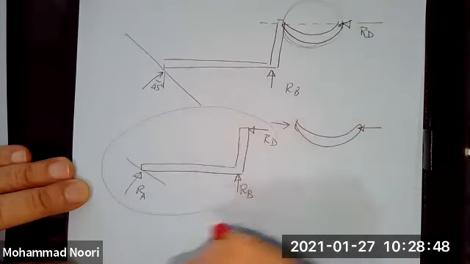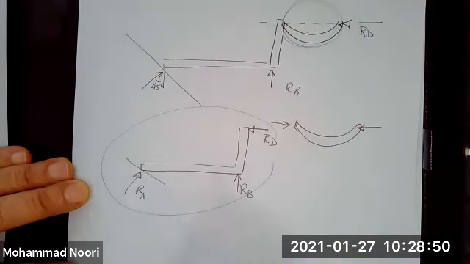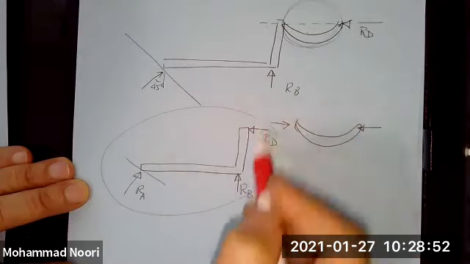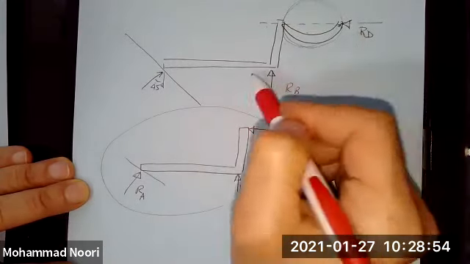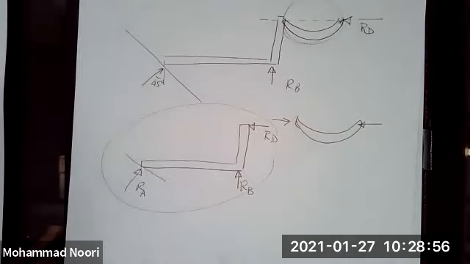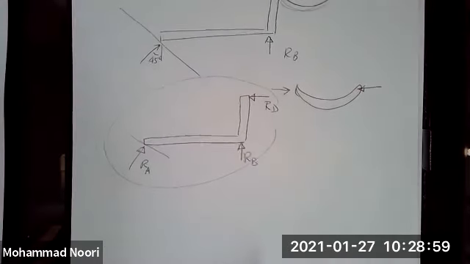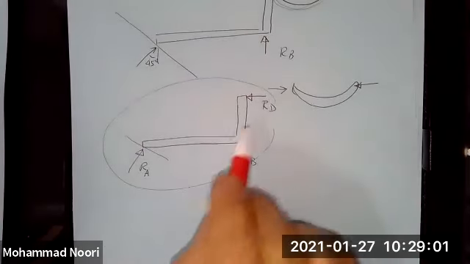So I would consider this free body diagram. Either way, I have three unknowns, same unknowns that you can solve for. Let me show you, for instance, by using this approach.